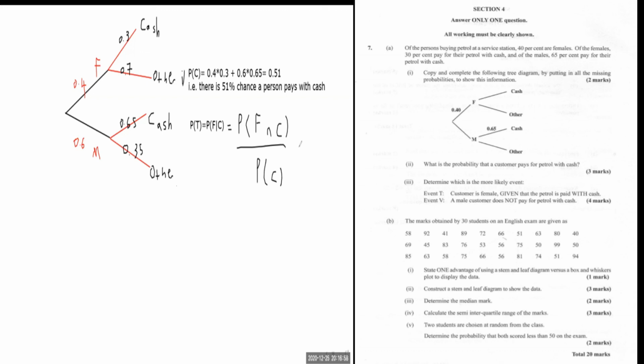The probability of being a female and paying with cash is 0.4 times 0.3, divided by the probability of a person in general paying with cash, which is 0.51.